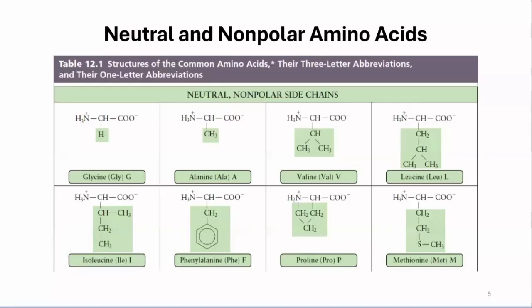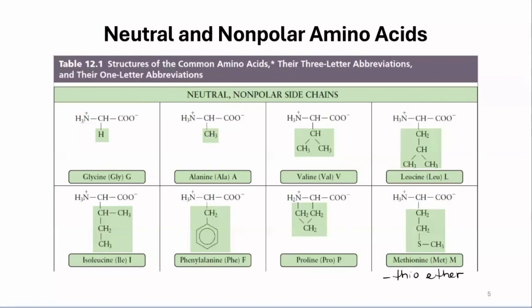Now, there's one amino acid other than glycine that has a distinct group that we haven't observed before, and that is methionine, which is right here in the bottom right corner of the slide. Methionine has what is called a thioether side chain.